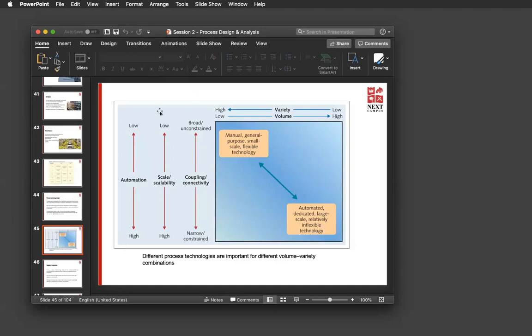Likewise, if you look at scalability, up here the scalability is low, and down there scalability is high. For example, you go to a jewelry shop and you want to get a ring done. The jewelry shop takes the measurements of your finger and asks you what sort of things you want, and then probably shows you some images of the ring, and then you make a decision.